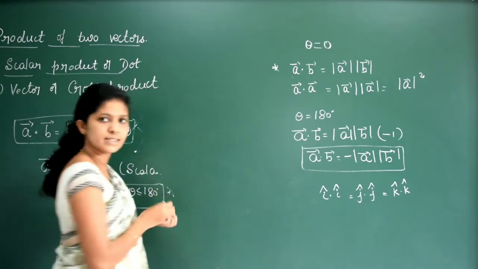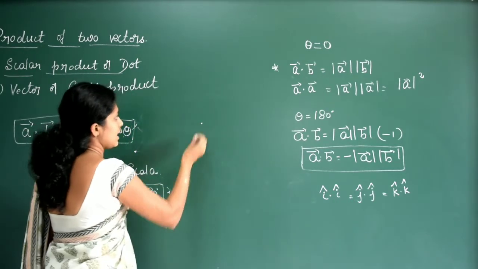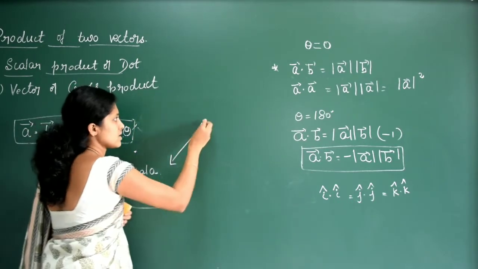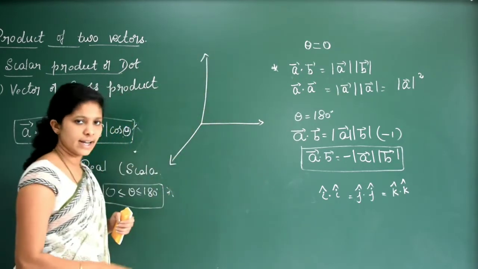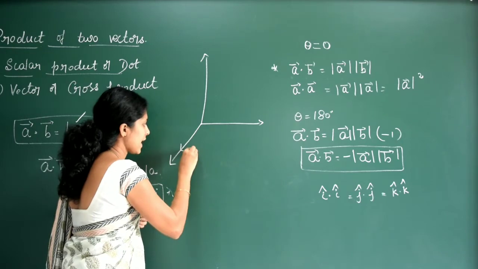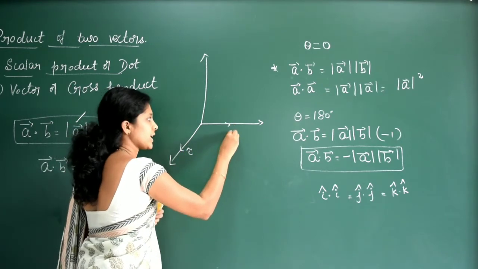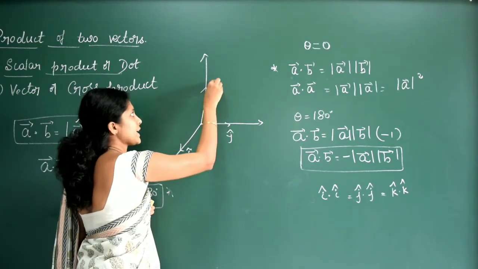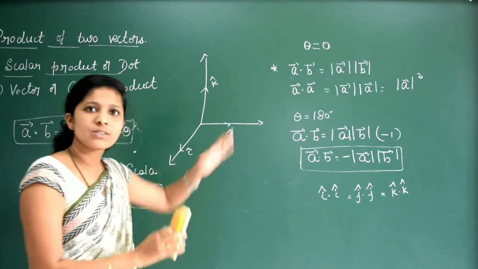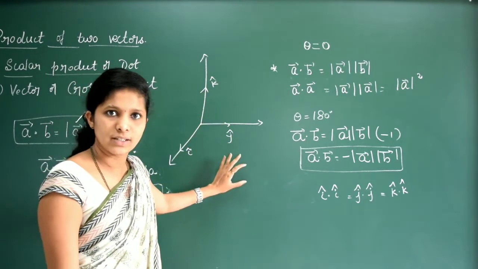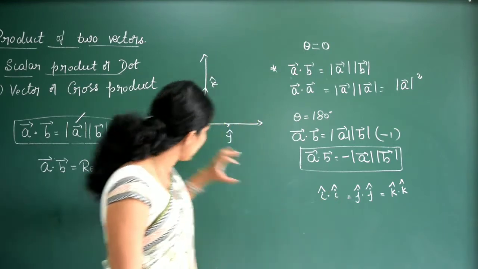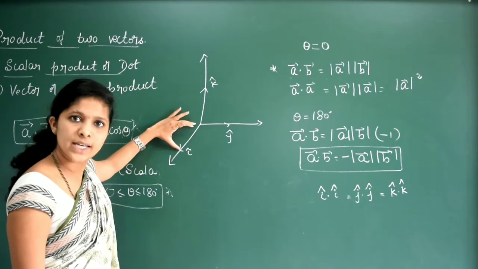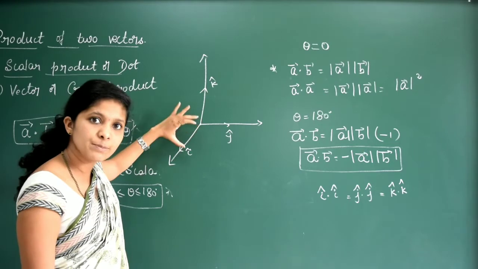See, if I consider the axes, this is the x-axis, y-axis and z-axis, right? This is a unit vector I cap, this is J cap and this will be K cap. You know that all the three axes are perpendicular to each other, right? So if I consider I cap dot I cap, the angle between them will be 0, right?